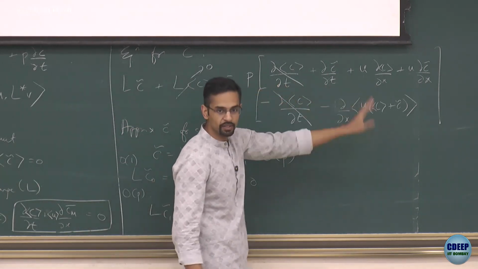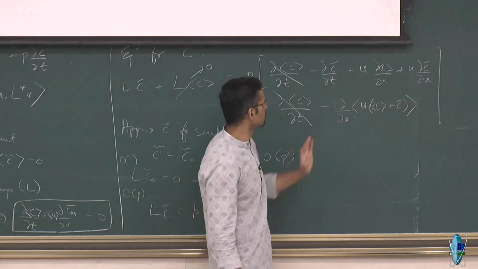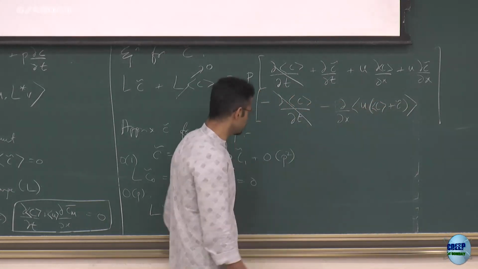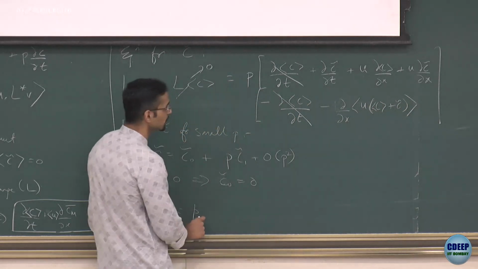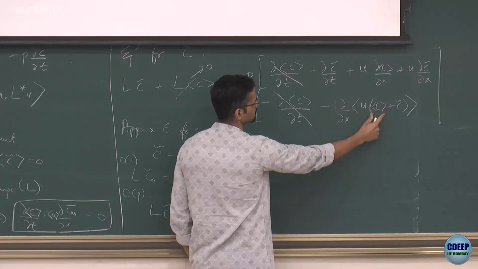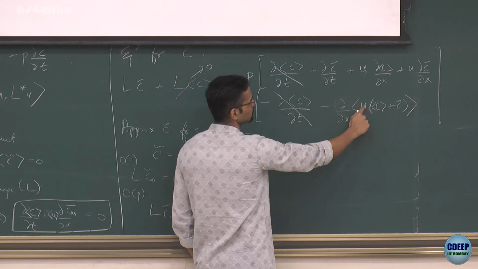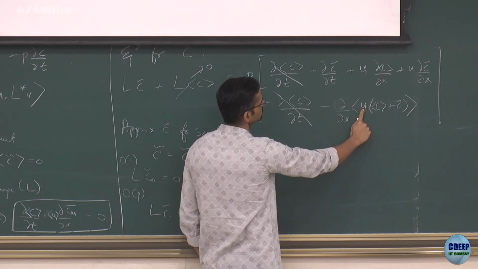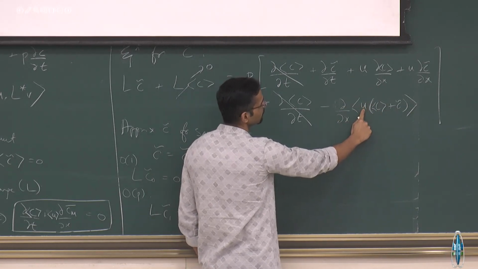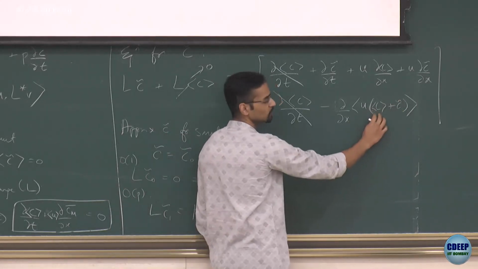So all the C tildes will go off because they are 0. This term will not contribute, this term will not, this will not contribute, right? So in the end, what I have is simply Peclet times, only this term will survive, right? This term and this term. And so the U can come out. The only difference is here I will have U average coming out, because this term is not there. So I see U into this.